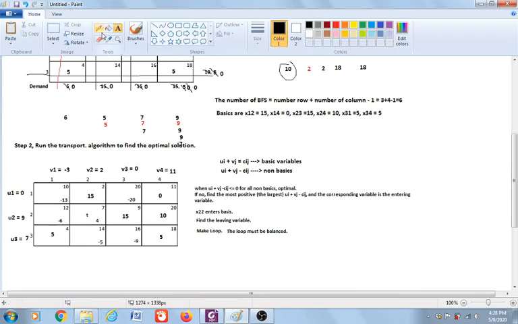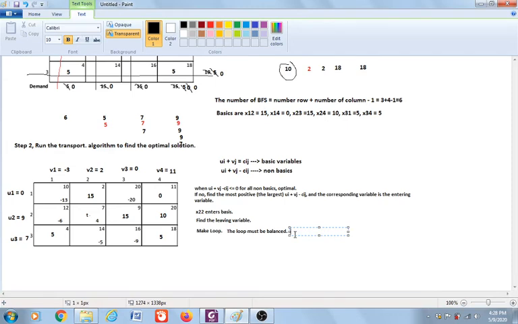So here we have t over here. With the loop we must pass a basic variable because we want to find the leaving variable.